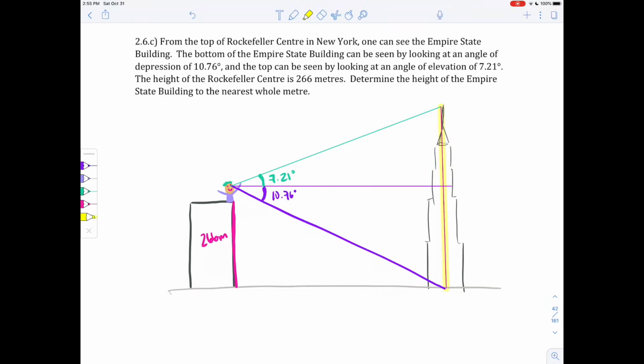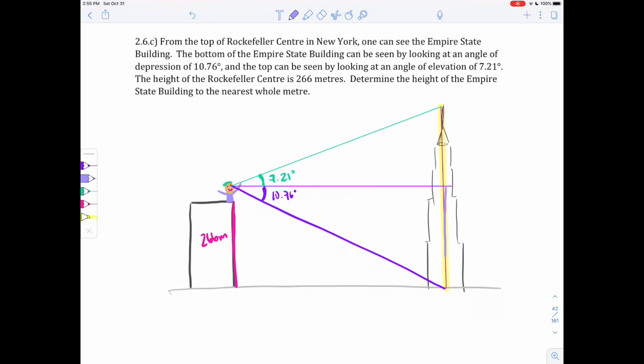Now, we can see that we have two different triangles, right? We have this one here, which is a right angle triangle formed with my angle of elevation there. And we have this triangle here that I formed with my angle of depression. I want to figure out this whole height.